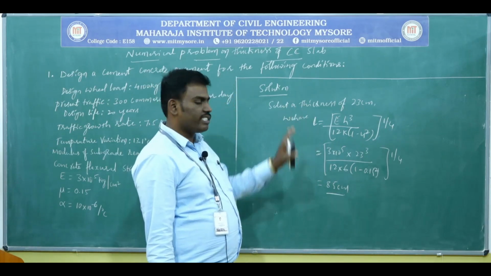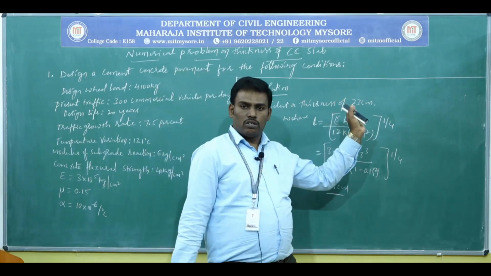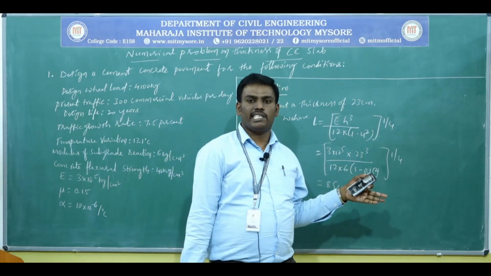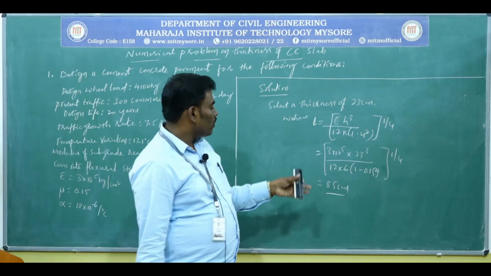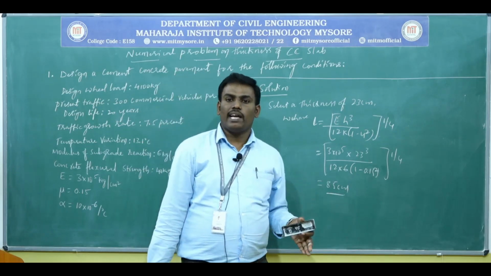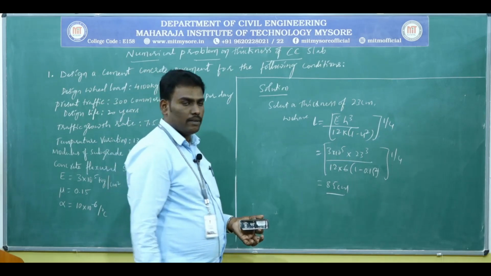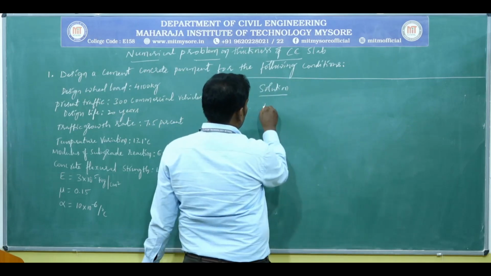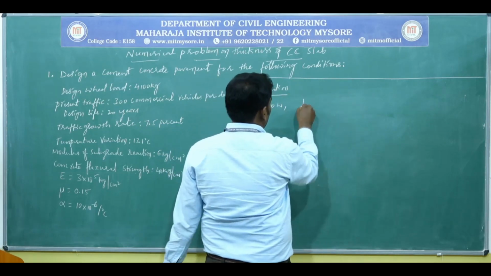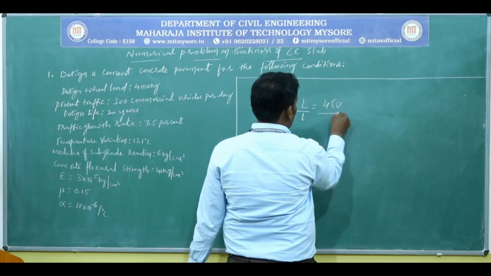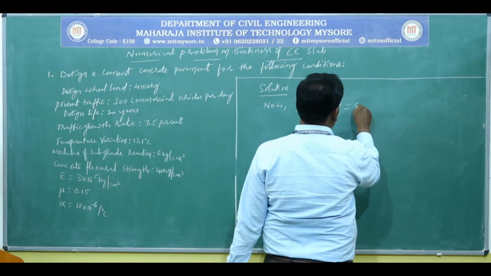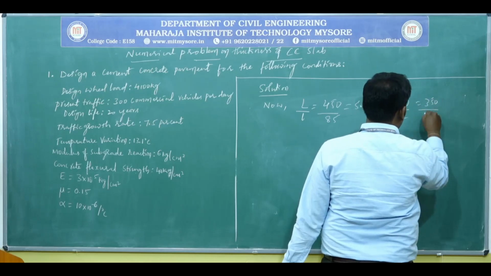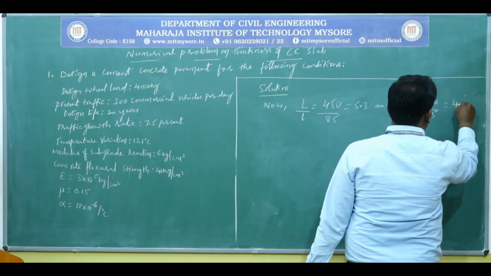In the revised one also the first step is over. We have increased the thickness to 23 centimeter from 20 centimeter and your radius of relative stiffness increases from 76.4 to 85 centimeter. Once you got the radius of relative stiffness l, then you need to find the ratio of L by l and W by l. Now L by l, 450 divided by 85, is equal to 5.3, and W by l is 350 divided by 85, you get about 4.1.